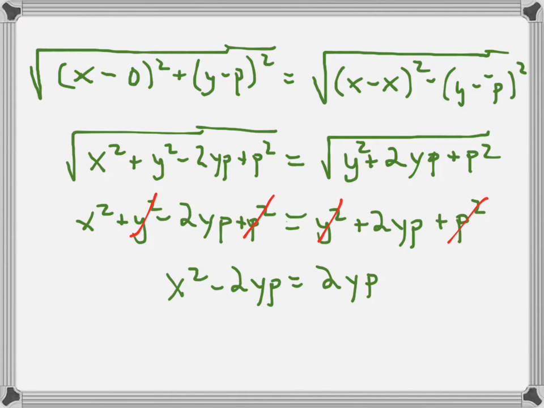I'm going to just solve this in terms of y. So I'll add 2yp to the other side. That'll give me 4yp equals x squared. And lastly, to solve for y, divide by 4p, or multiply by 1 over 4p. What just happened? I don't know. Actually, I do know. I know exactly.